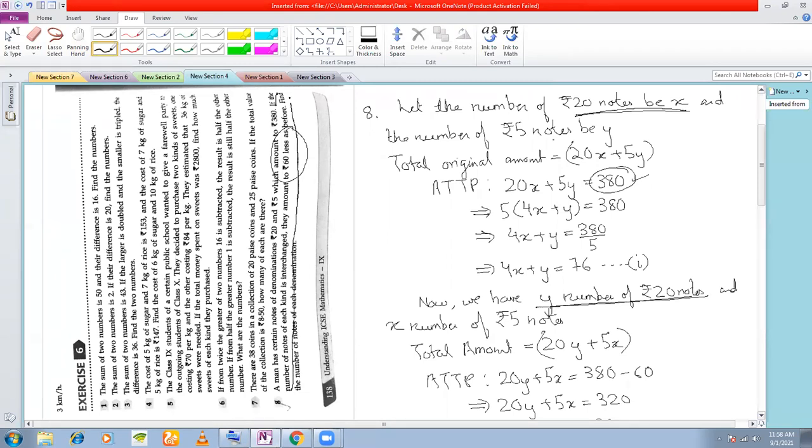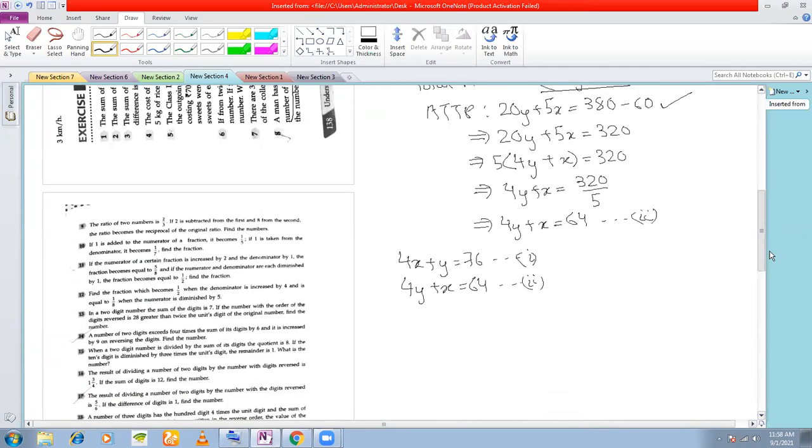And initially I had Y 5 rupee notes, now I have X number of 5 rupee notes. So what is the total amount? It is said that the new amount is 60 less than the original amount. What was the original amount? 380. So the new amount is 380 minus 60. Now is it clear? Yes, sir.